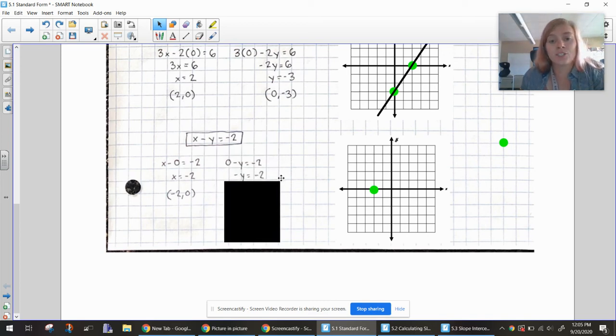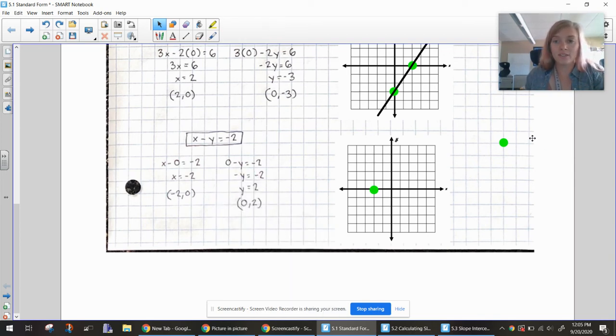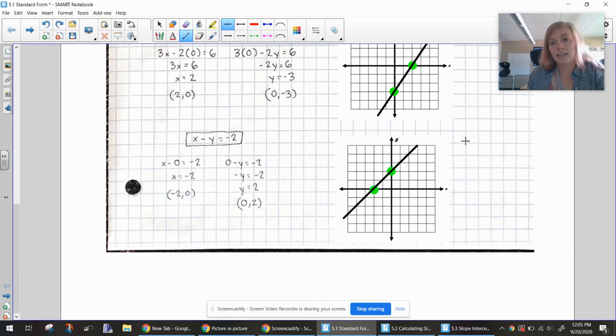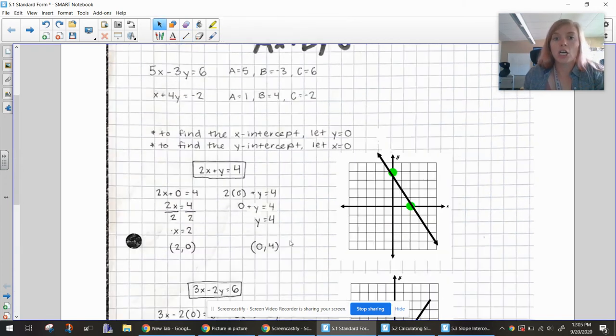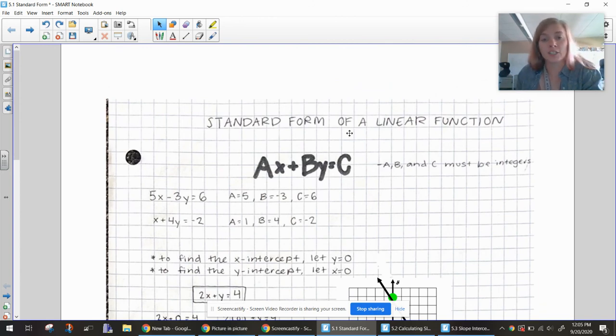Negative y equals negative 2. To undo that negative sign, I need to divide by negative 1, so y equals 2. Then I can connect my dots and graph my line. So the standard form of a linear function is Ax plus By equals C.